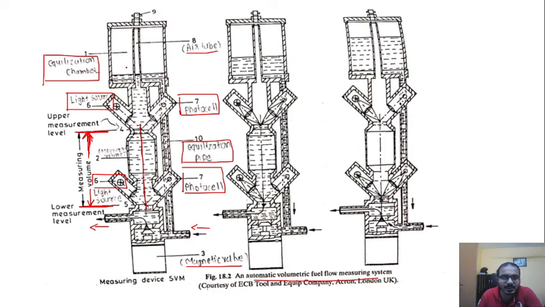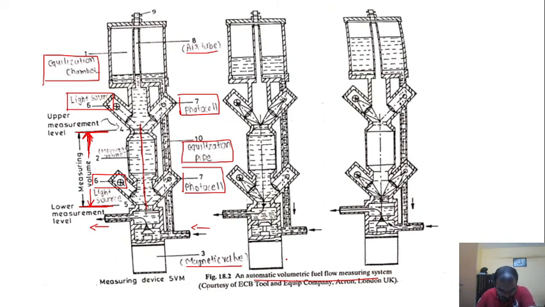If you see the remaining two figures carefully, as the fuel level keeps on decreasing here, the fuel level in the equalization chamber keeps on increasing. Here the measuring volume is empty and the equalization chamber is full. Why is this necessary? Because for further continuation we require fuel in this. This is like a backup tank. From here fuel will be filled in the measuring volume, so that the next time we can measure the fuel flow rate using the same device.